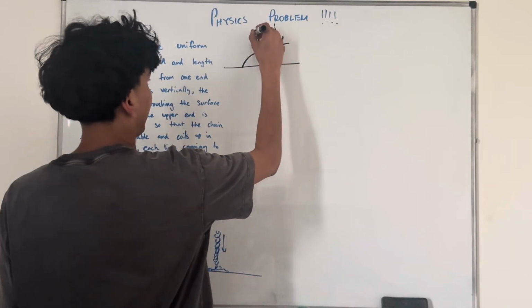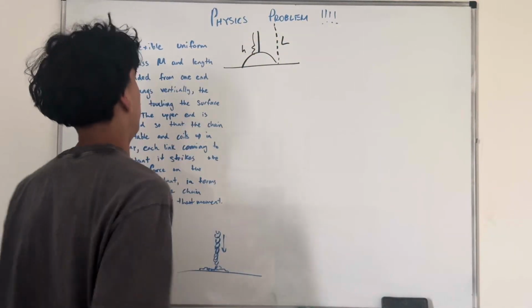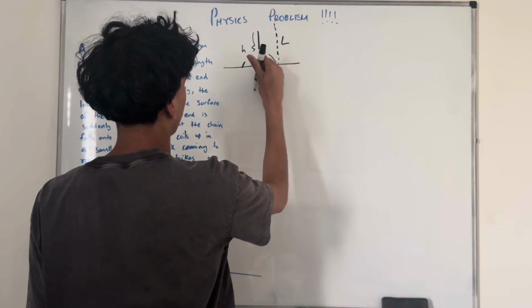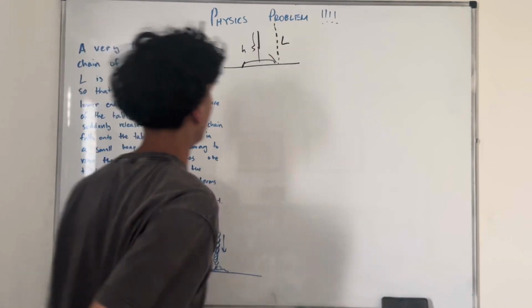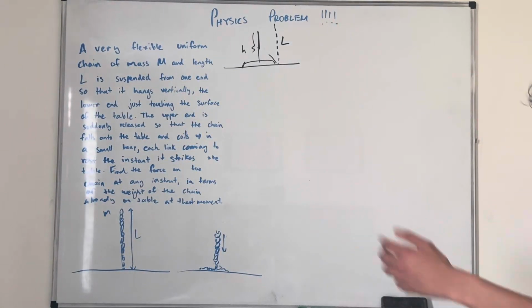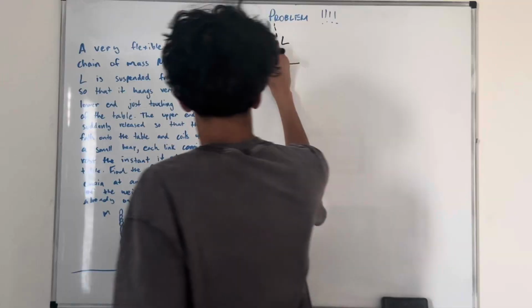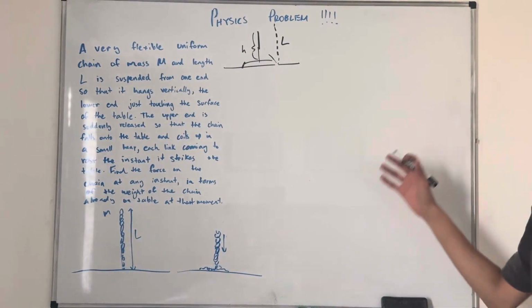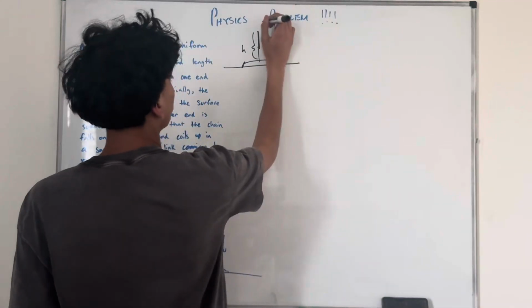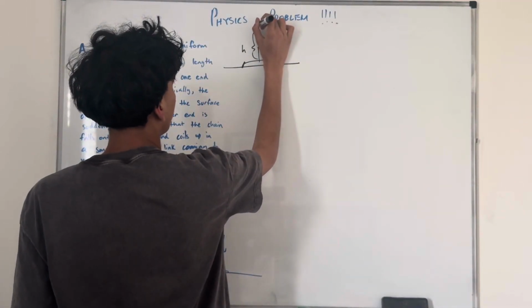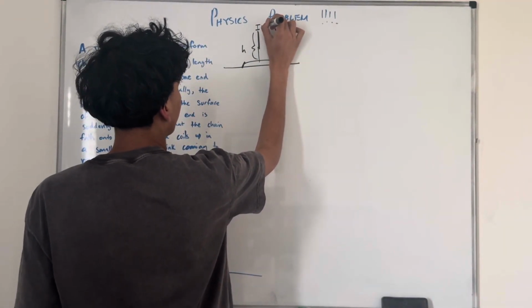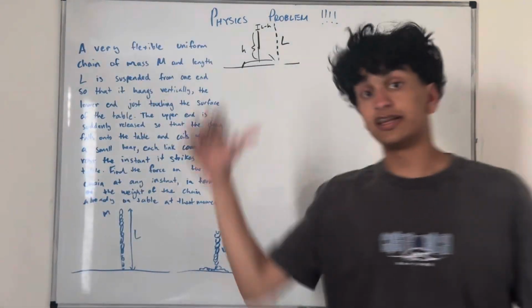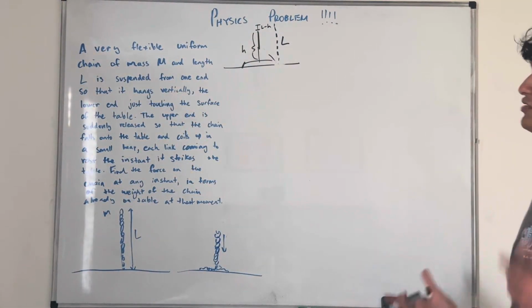We'll say this is H, and we'll assume it's a really small pile. We don't need to make it this big, but H is the height that's still above, still falling, and we'll call this difference L minus H. That's the height difference that has fallen so far.